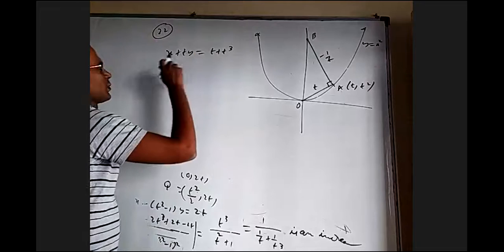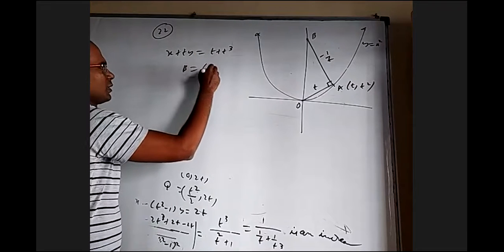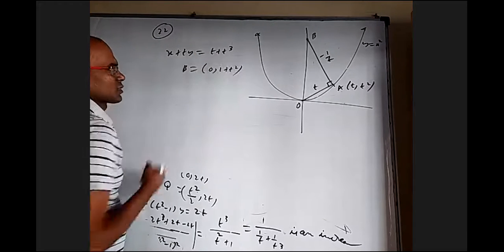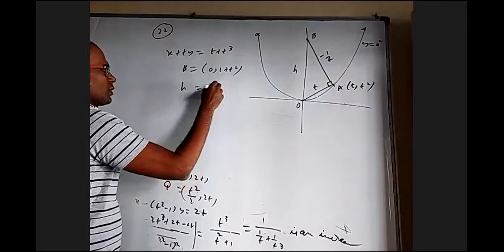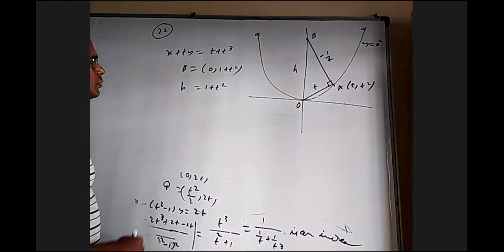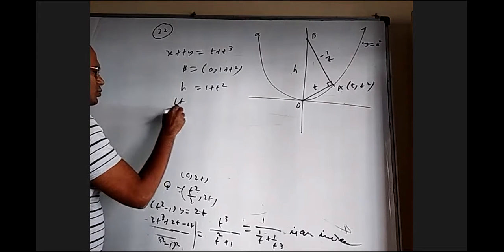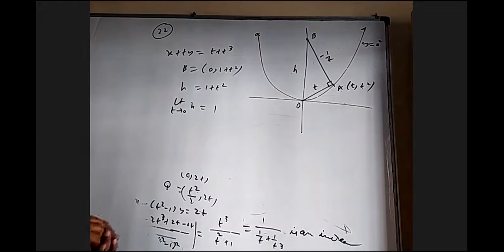What is the y-intercept? Y-intercept means x equal to 0, you get 1 plus t square. So point B is (0, 1 plus t square). So your height h is 1 plus t square. Now limit t tends to 0, h will be reaching 1.